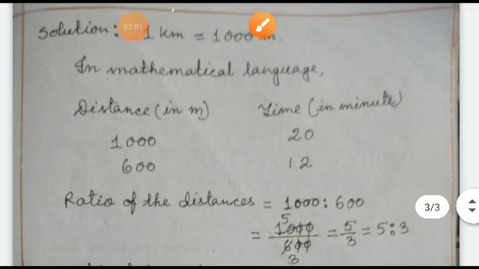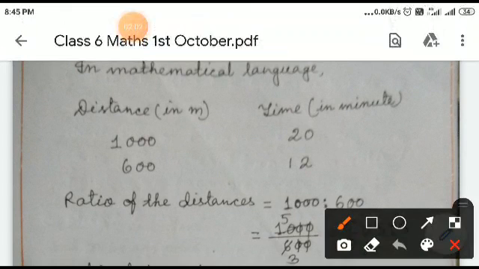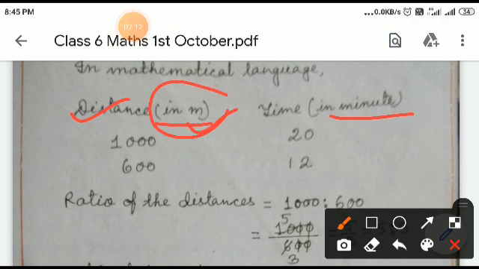Now framing the problem in mathematical language, we have distance in meters and time in minutes. Children, you must write the units here within the brackets. I have written distance, unit is meter, and time, unit is minute.